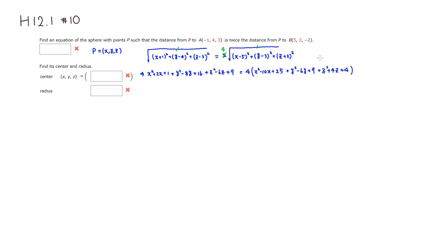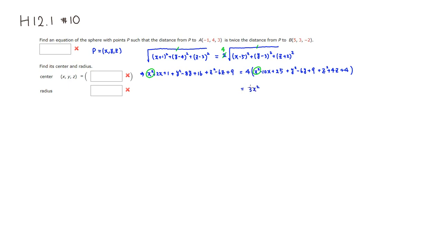So what I'm going to do is collect the like terms here. We have x squared here, and x squared times 4 on the other side. So what's left over is 4x squared minus x squared, which gives 3x squared.